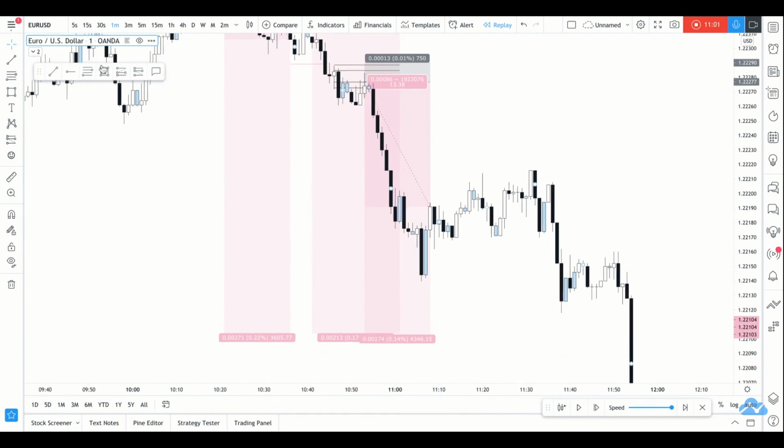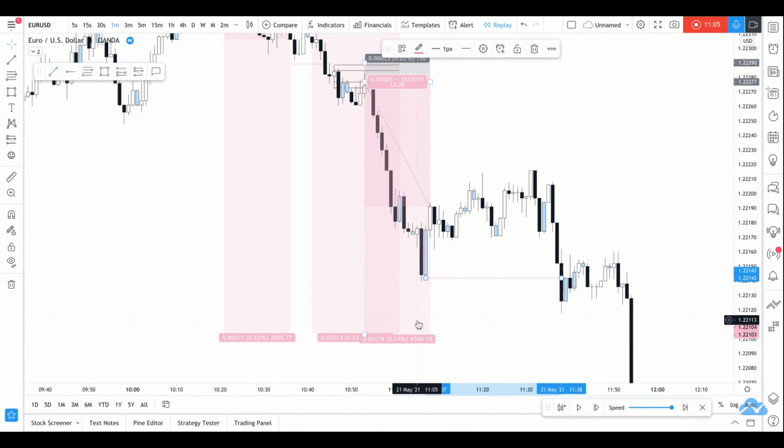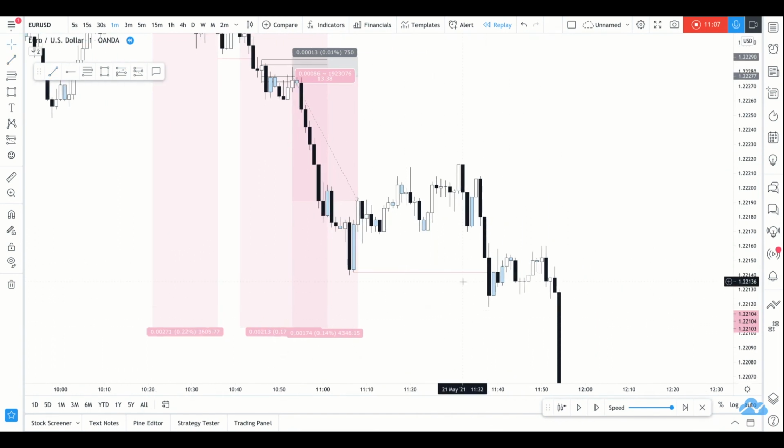And then the next one, I would say like down here actually, but it's already reached like here, so you would probably be out of these trades. But yeah, you would target, oh, actually no, my bad. It didn't even come back up here. Okay.